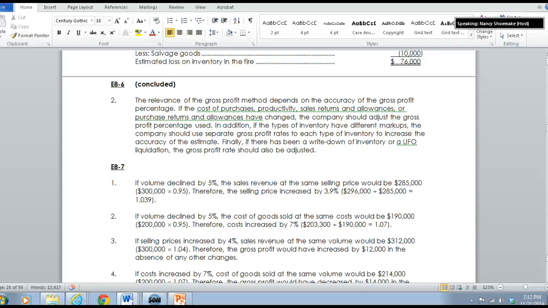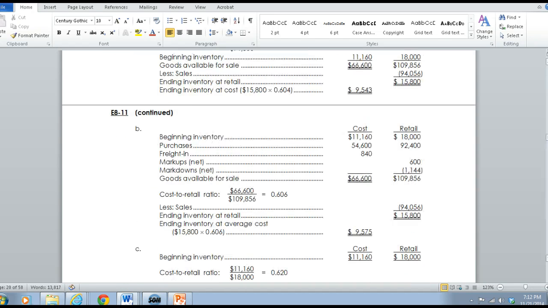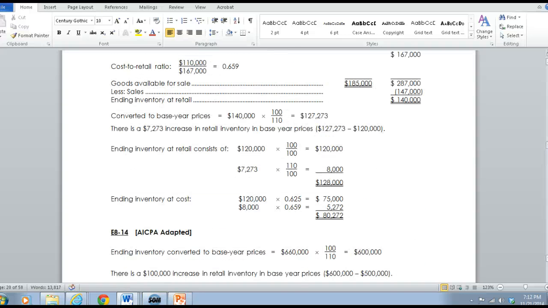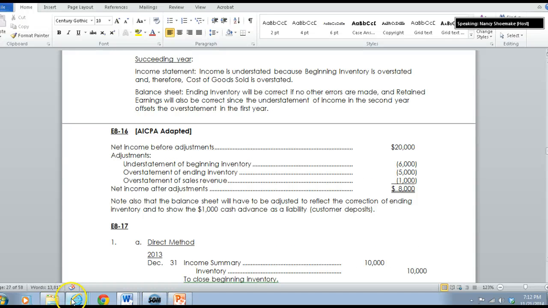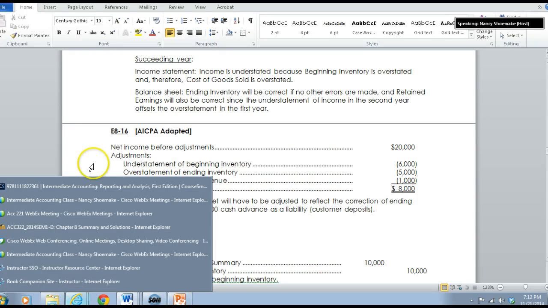Okay, let's take problem 8.1. Problem 8.1 is going to be your homework. I think, what did I say the homework was in this chapter?